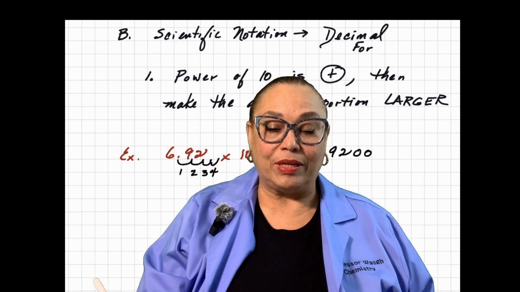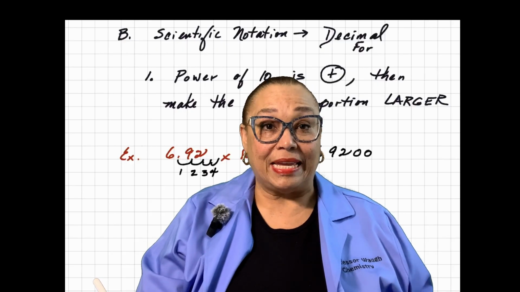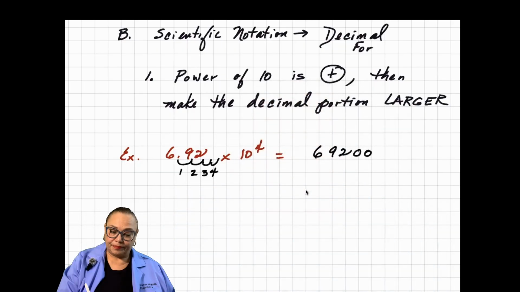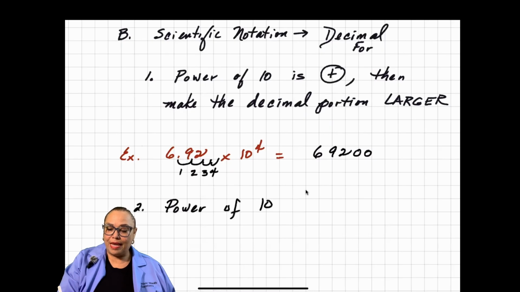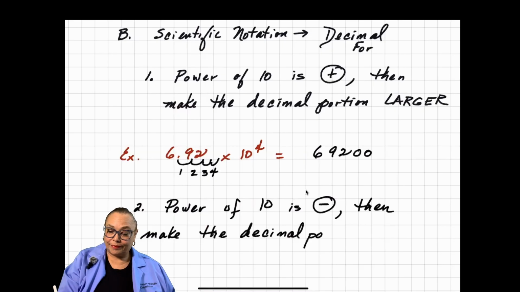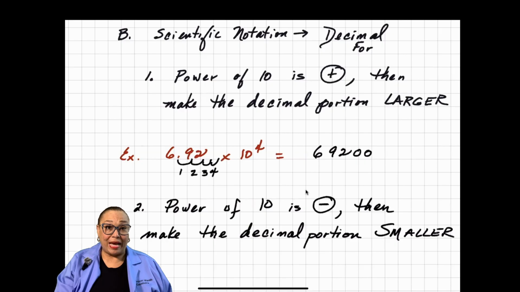Let's now talk about if the power of 10 is a negative number. So if the power of 10 is a negative power of 10, then make the decimal portion smaller by whatever the power is.